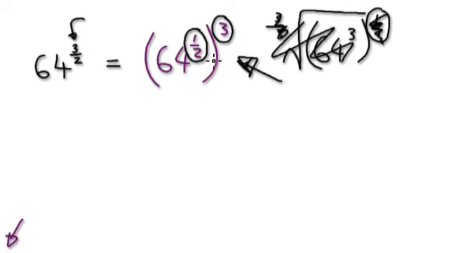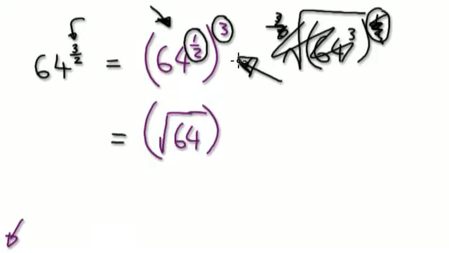Okay, so just visualize it like this for the time being. What's inside the brackets, we could visualize as square root 64, because that's what to the power of a half means. And then this is to the power of 3. We're not doing anything with the 3, we're just taking it down. Now, square root of 64 is 8, because 8 times 8 is 64, and we could put the brackets in here if we want.